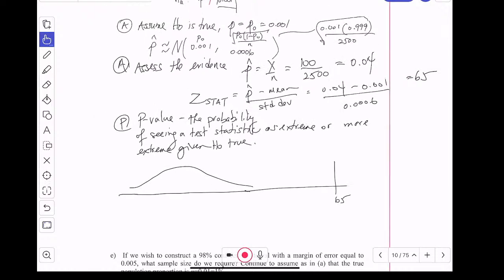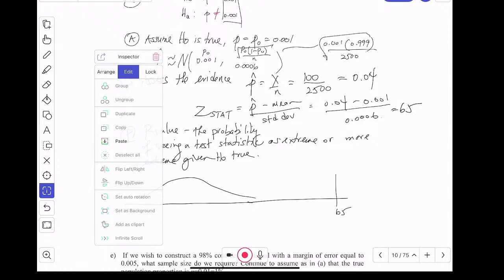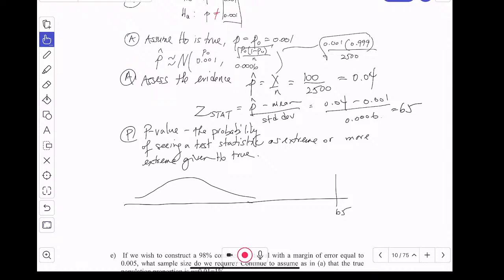How do I sort that out? Just like I did last time, I go back to the alternative to get the sign. I say extreme in either direction. It's either far below or it's far above.